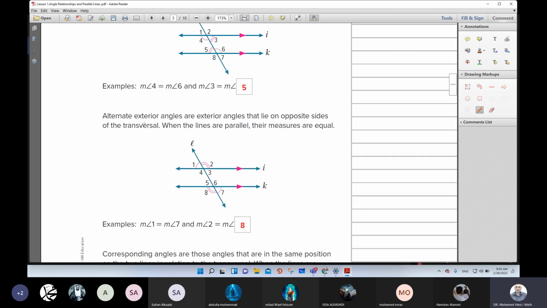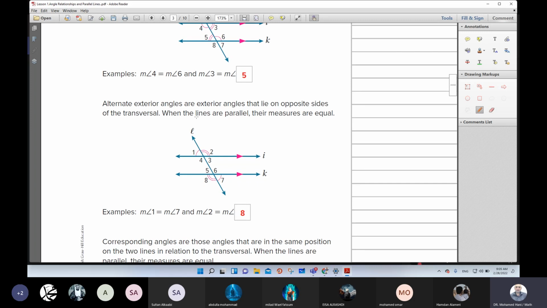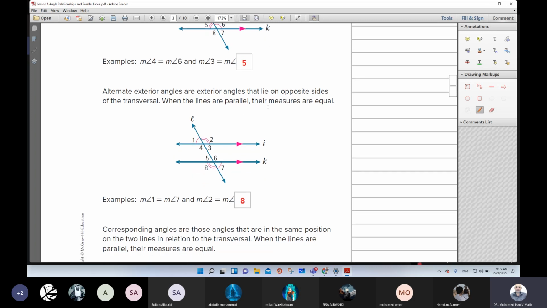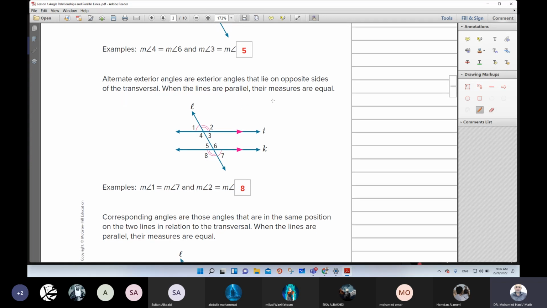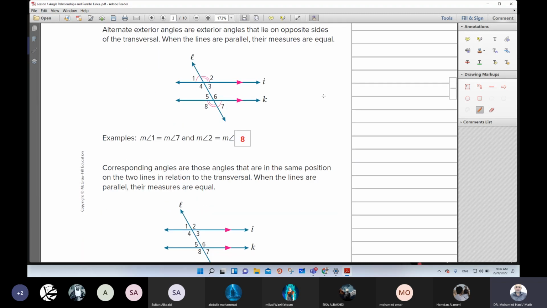Alternate exterior angles are exterior angles that lie on opposite sides of the transversal when the lines are parallel. Their measures are equal. As you see, 1 and 2 and 7 and 8 are exterior angles.